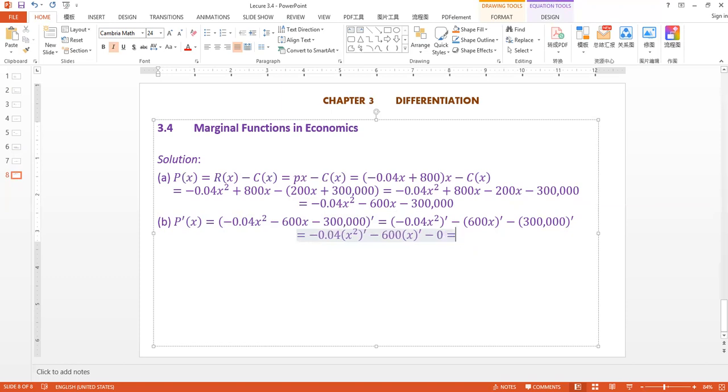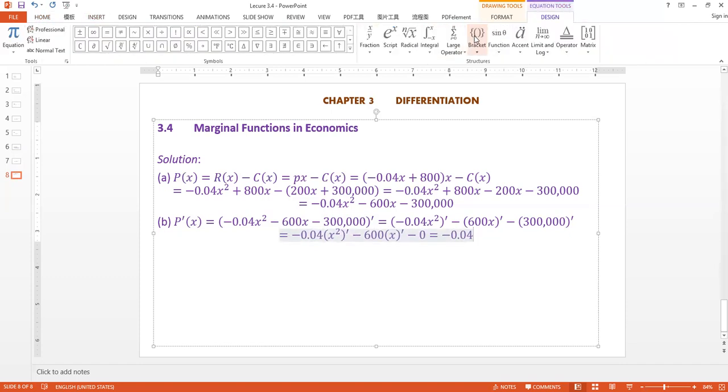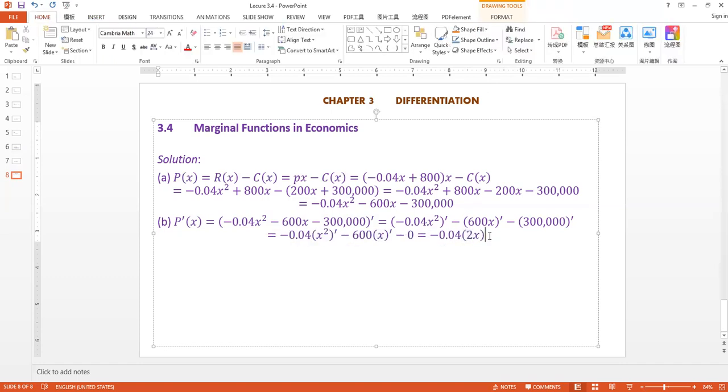All right. So we already did this kind of problems before. We know how to find the derivative of x squared and x. So I'm not going to repeat all the details about it. But it's just 2x when you take the derivative of x squared. Use the power rule.